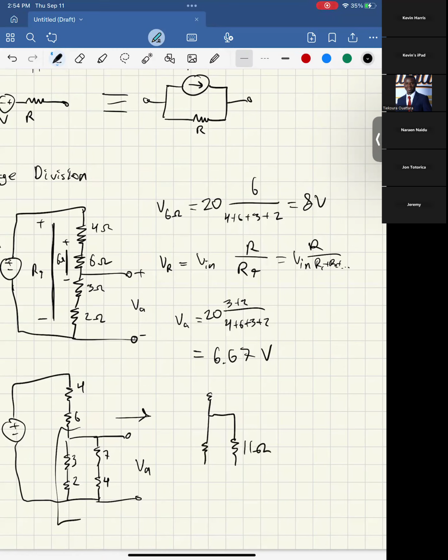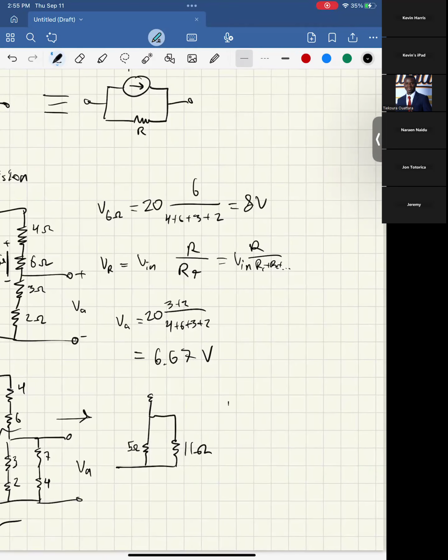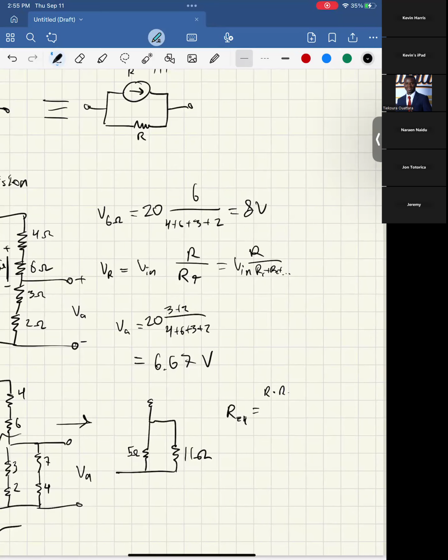And then 3 plus 2, that's going to be 5 ohms here. And then we learned for resistors in parallel, it's going to be R1 times R2 over R1 plus R2. There's a couple different equations. That's the same as 1 over R1 plus 1 over R2, however you want to think about it.